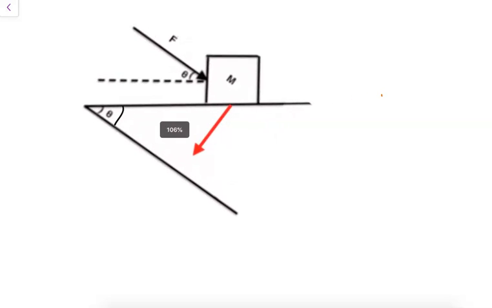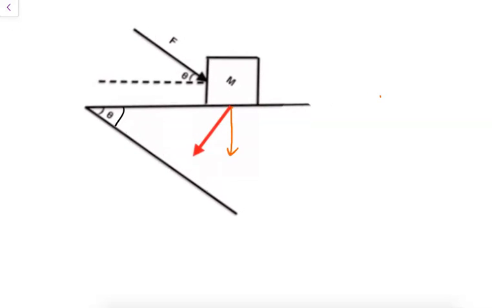So let's draw these components. I know that I will have a force of gravity that's acting perpendicular. I'll also have a force of gravity that's acting parallel. Let's also construct the parallel and perpendicular for this F.